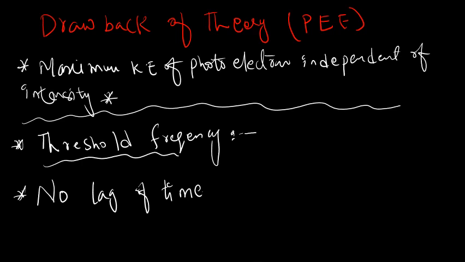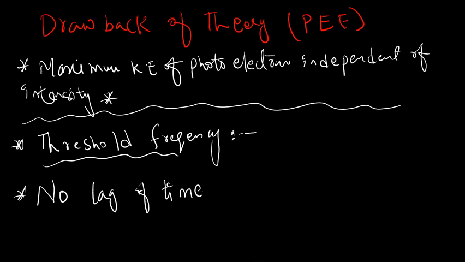But according to wave theory, the energy of incident radiation is spread over the whole wave front, so the energy incident on any one electron will be too small to emit it instantaneously.